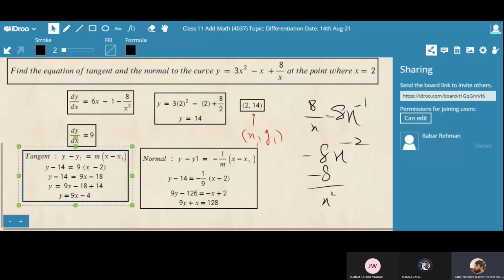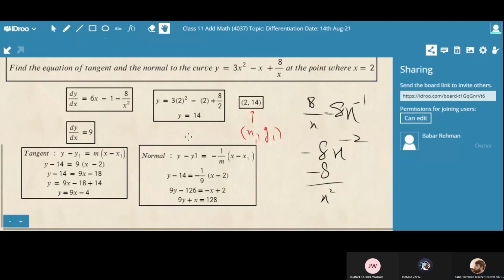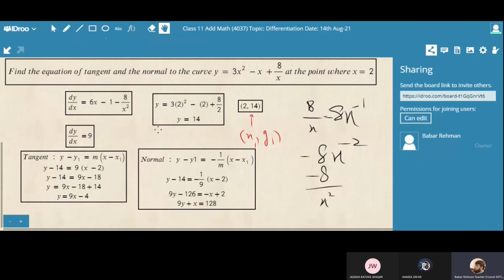Now you understand. Should I give you a question like this, or should I continue with the same concept but with a few more things included? All questions will be done like this, normal and tangent: first find the gradient, then input the value of x that will be given, find y as well, where the point is x, find y, now find tangent and normal.